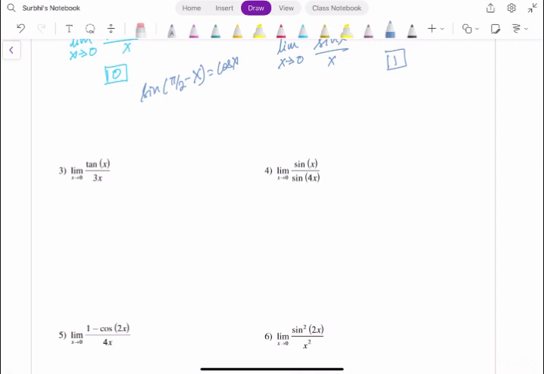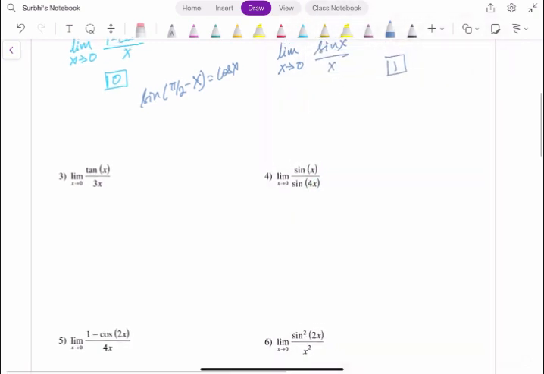Now question number 3 can be solved with the property that I told you, that limit as x approaches 0, tangent x over x will be 1. But your teachers might ask you to do it in a more detailed way. So the more detailed way will be tangent x can be converted into sin x over cos x times 1 over 3x. Now, I want to convert sin x into sin x over x.